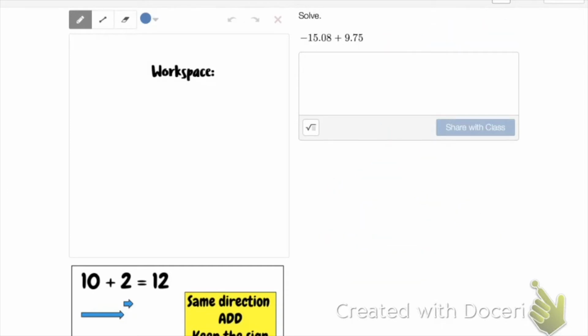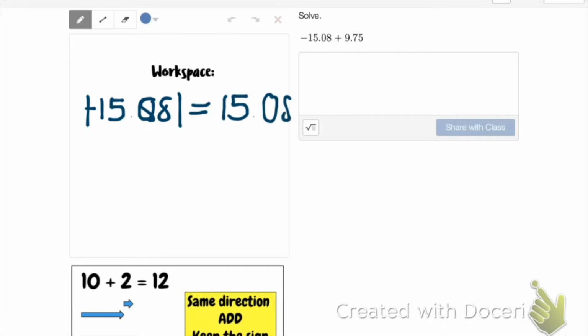For this problem, it's a little bit tricky. The first thing we need to do is take the absolute value of negative 15 and 8 hundredths, which is 15 and 8 hundredths.